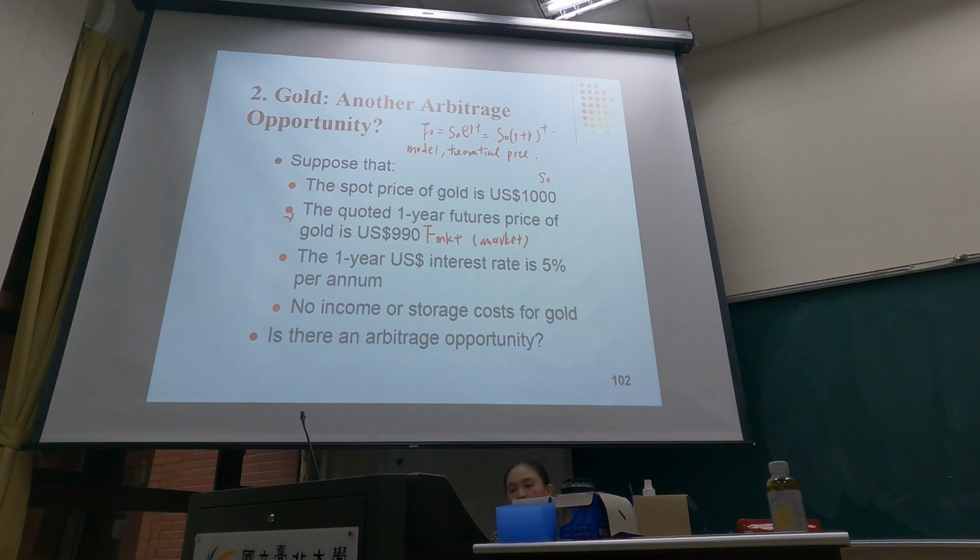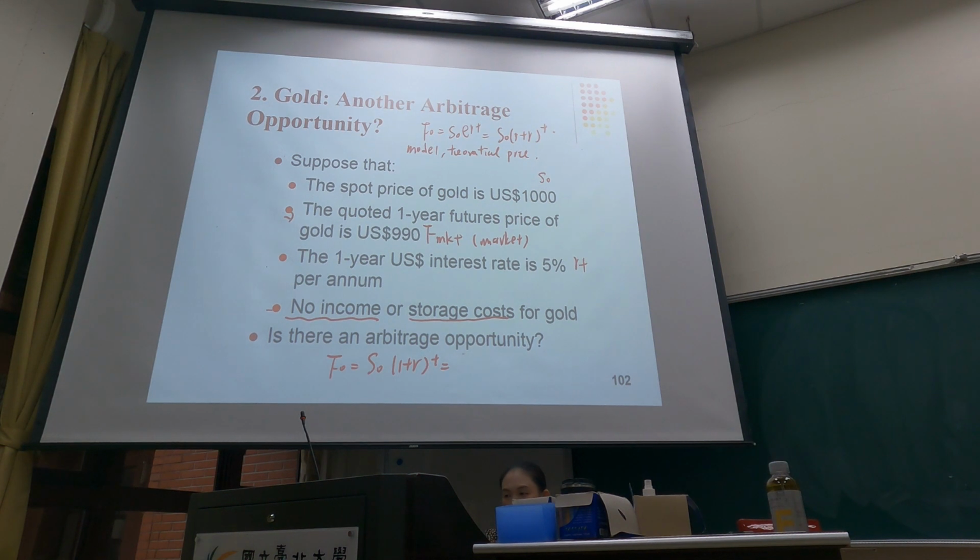Okay, so pay attention. The 1 year US interest rate is 5%, that's the RF per annum, okay? And it says no income or storage cost we have to adjust, right? So what's the arbitrage opportunity? I think you remember this case, right? So F0 equals S0 (1 + R)^T.